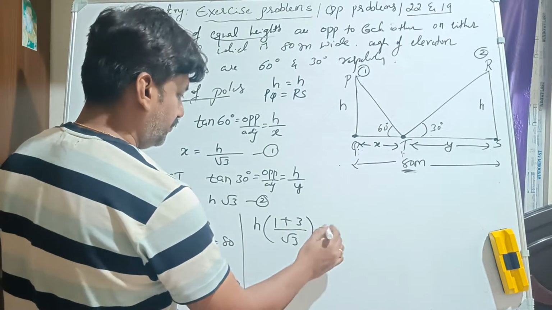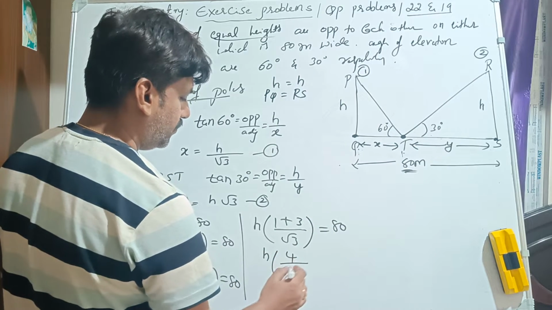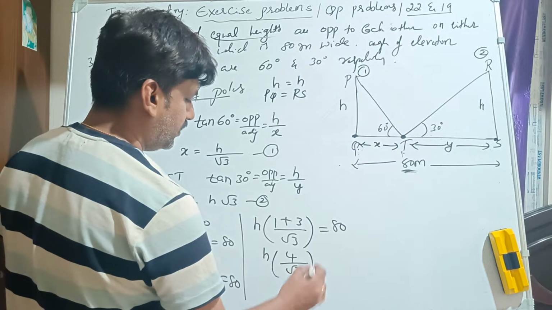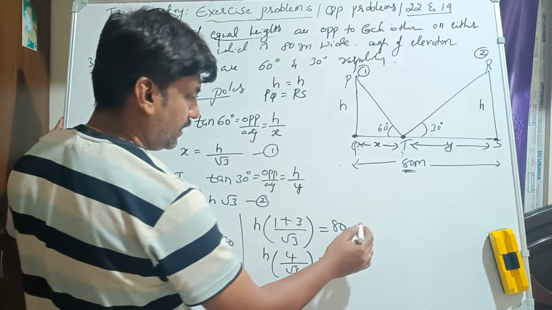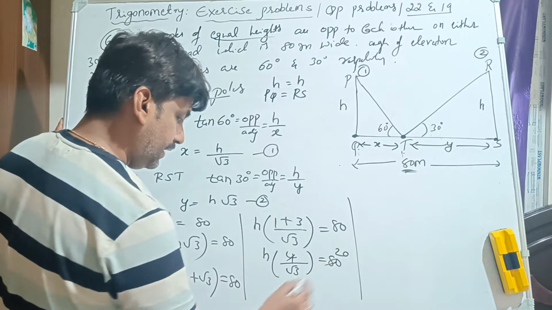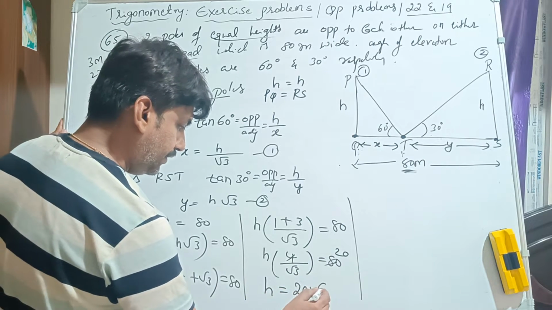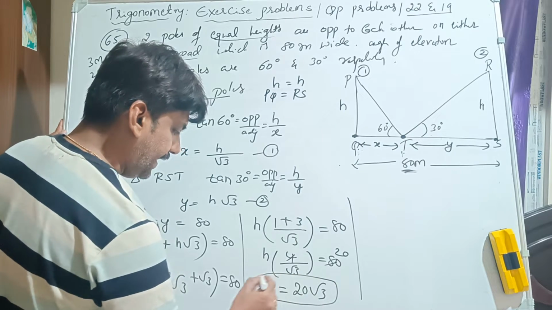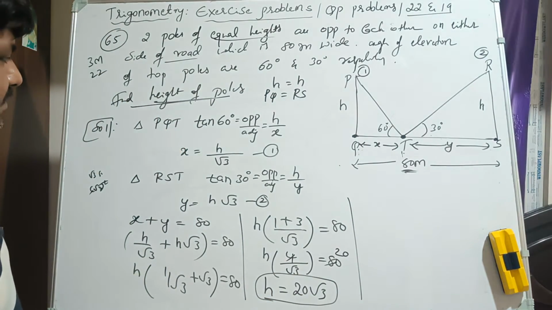So 1 plus 3 is 4, and H into 4 divided by root 3 is equal to 80. Here, how can we solve this? 4 fives are 20, so H is equal to 20 into root 3. The height is 20 root 3, you will get it, right?